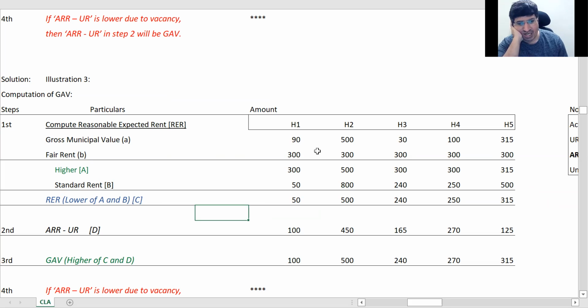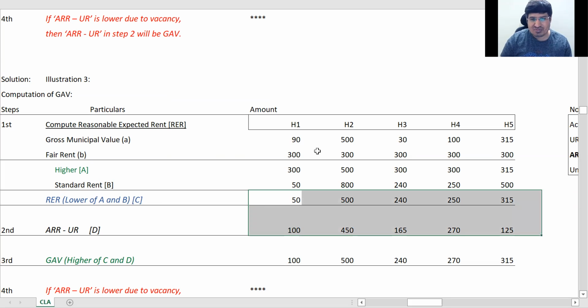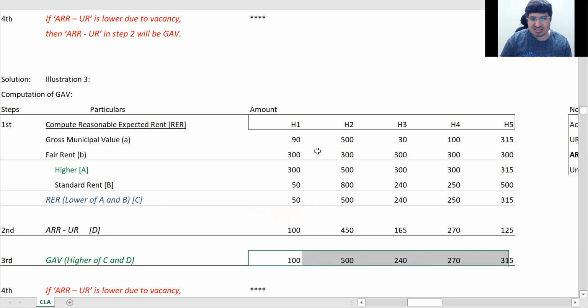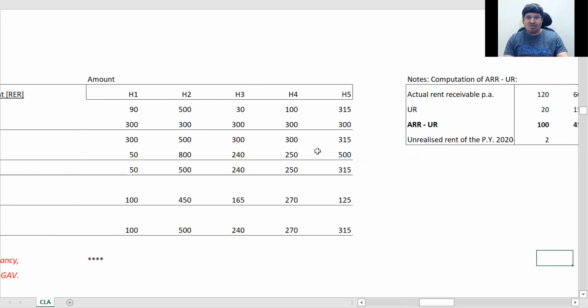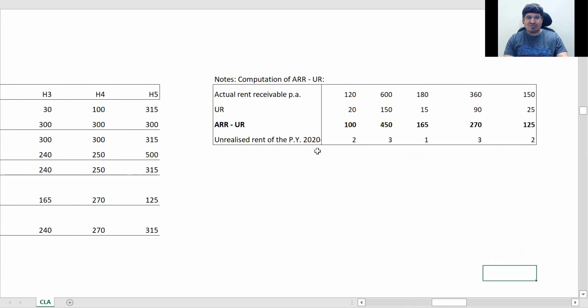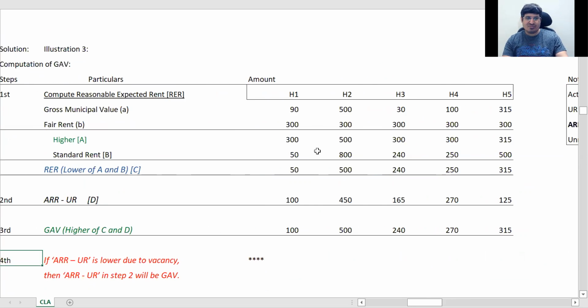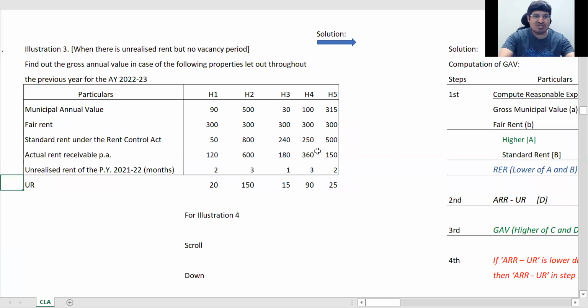So now we take the higher of these two, and see if this is matching. Yes, sir. Okay, perfect. So that was the example. If you have any doubt, you can ask. Okay, so this is fine.